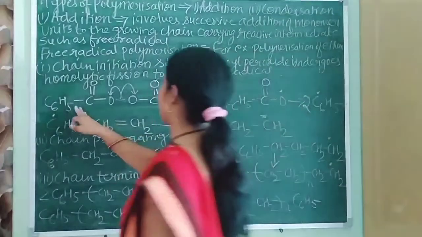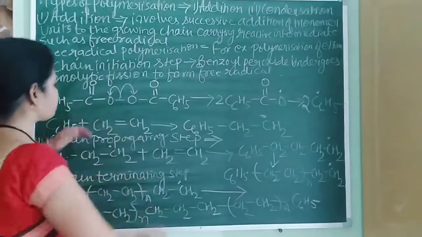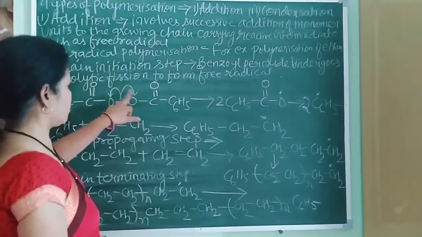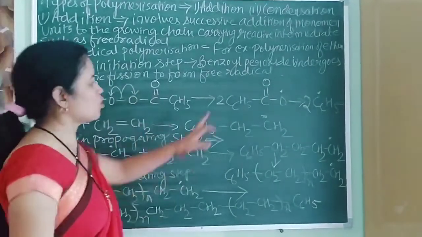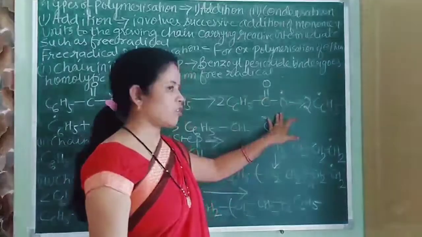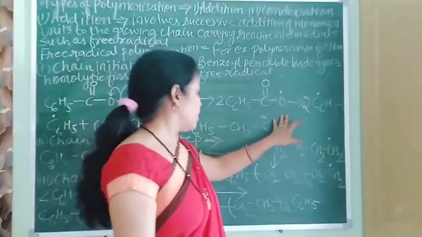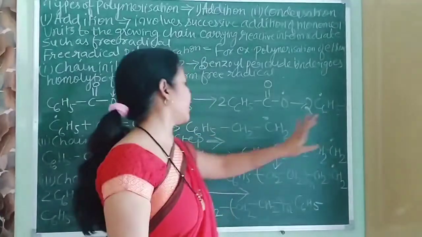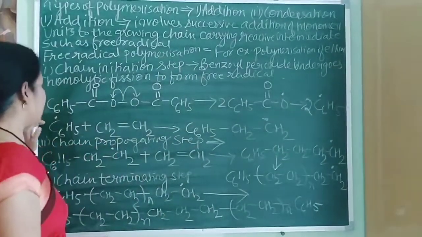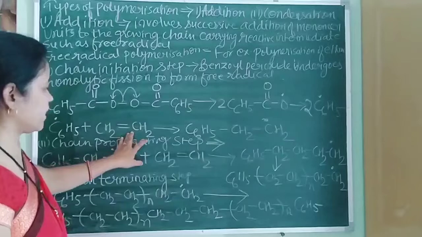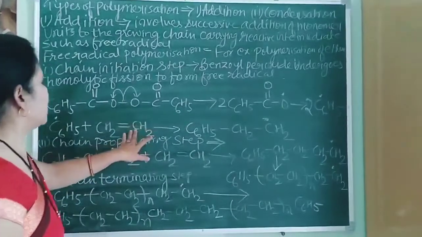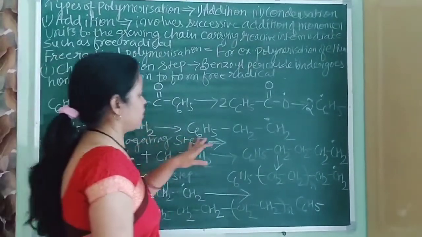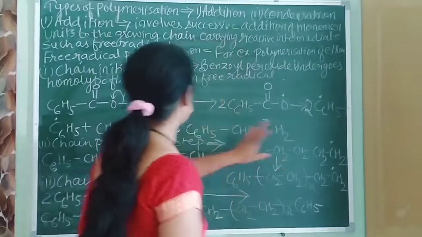See here, this is benzoyl peroxide, which undergoes homolytic fission to form benzoyl free radical and further forms phenyl free radical. The phenyl free radical attacks ethene and forms this free radical.